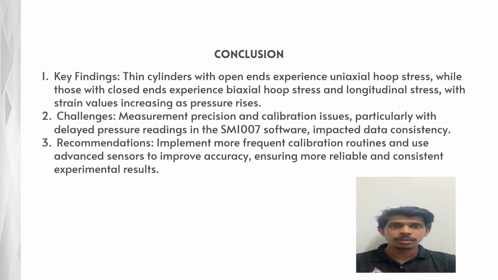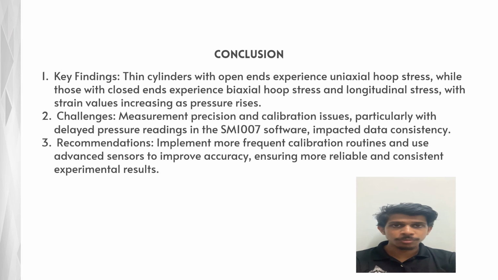For a conclusion, the thin cylinder experiment provided valuable insights into the stress distribution and deformation characteristics of cylinders under internal pressure. It demonstrated that a thin cylinder with open ends experiences uniaxial hoop stress, while a cylinder with closed ends undergoes biaxial hoop stress and longitudinal stress.